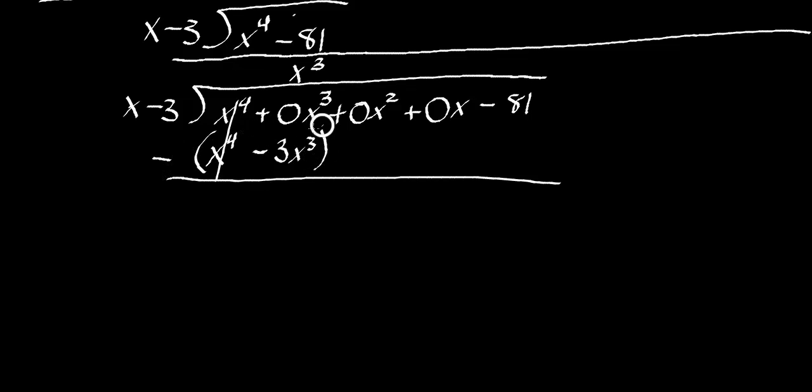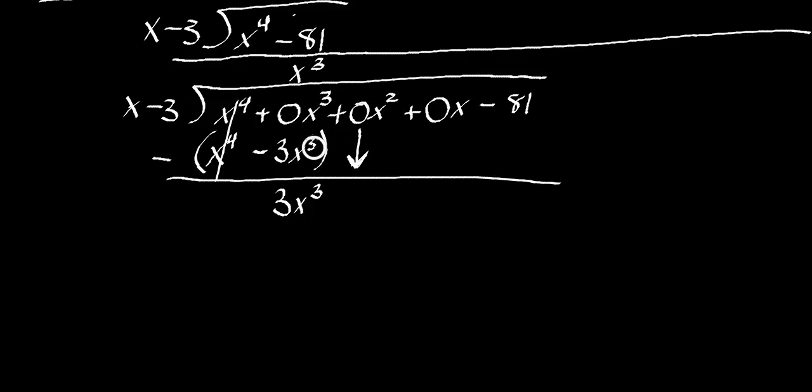Minus negative is plus, so 3x to the 3rd. Okay? And we just bring this down. Pretend it's part of our problem. And it really is. Well, it's not, but we are supposing it is. So everything will make sense and everything will go smoothly.